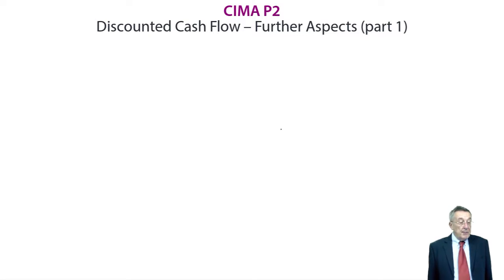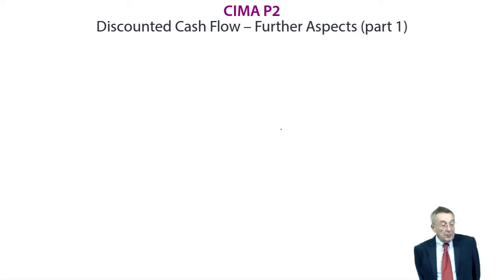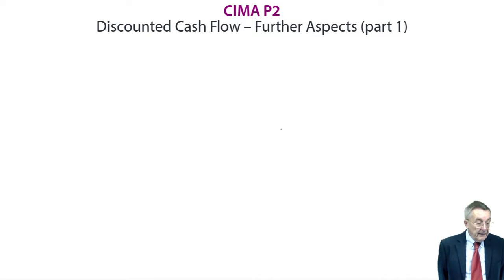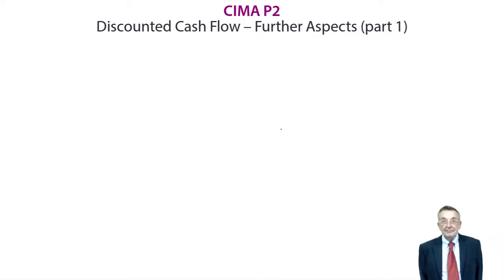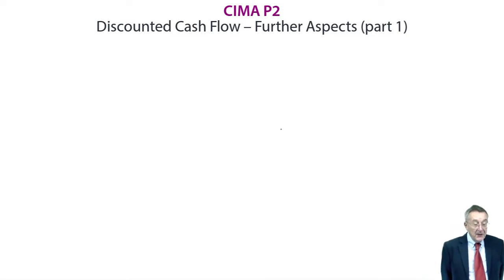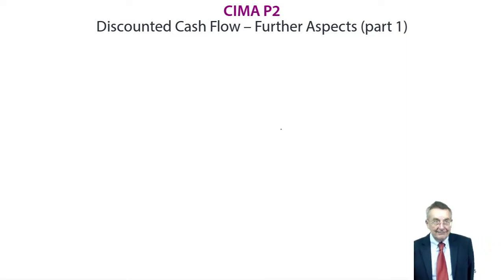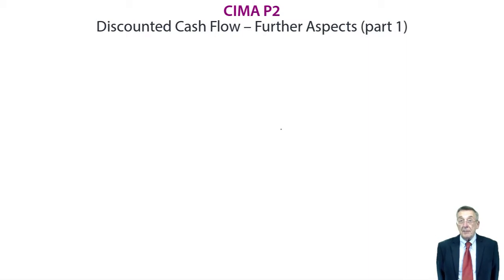And before I look at the question, suppose I said to you, what will you do? You've got 4 projects available to you. What are you going to do? Now, most people tend to say, oh, you'll do project B, because it gives the highest net present value.